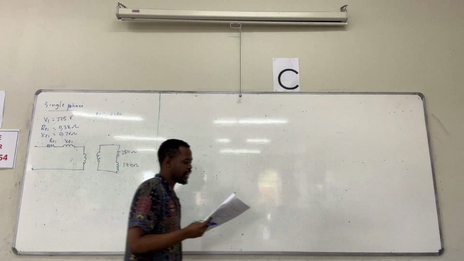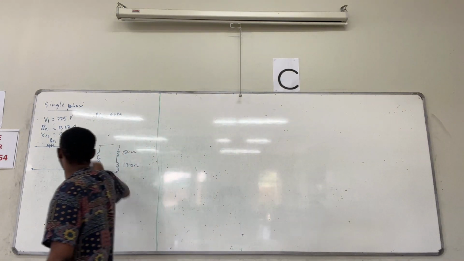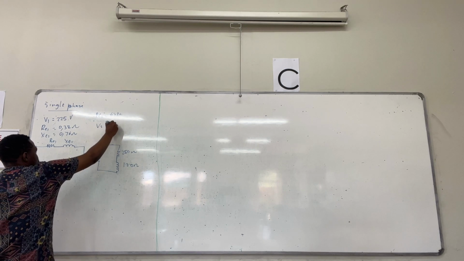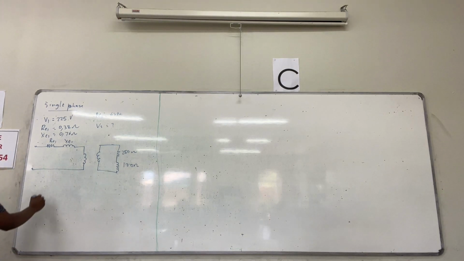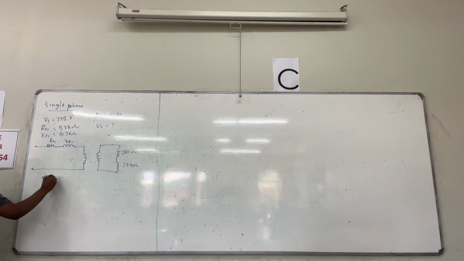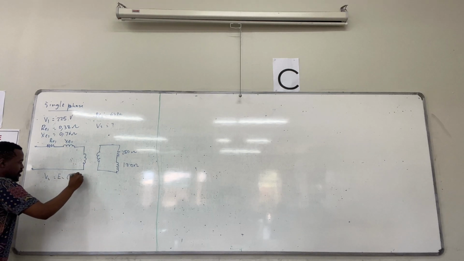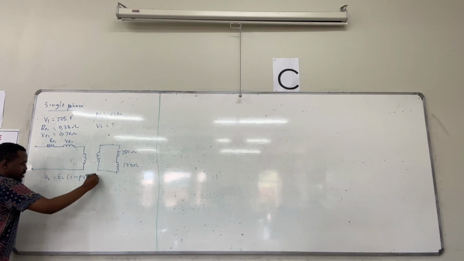Calculate what? The terminal voltage, V2. What is the formula to calculate terminal voltage? V2 equals E2 open bracket 1 minus the per unit regulation.